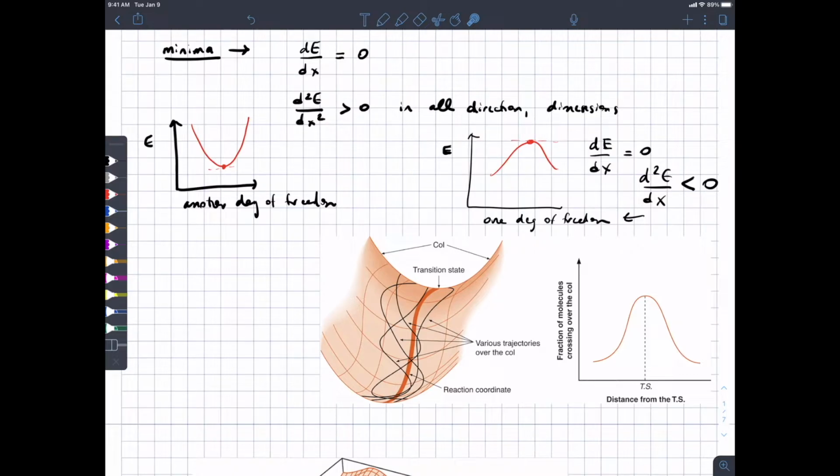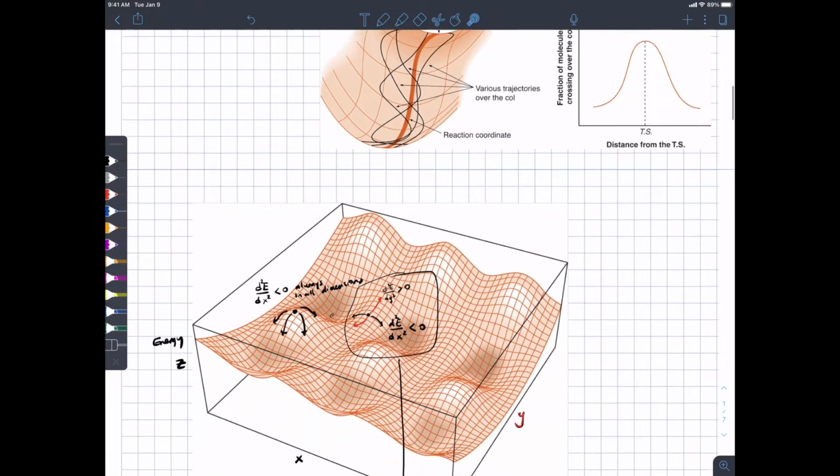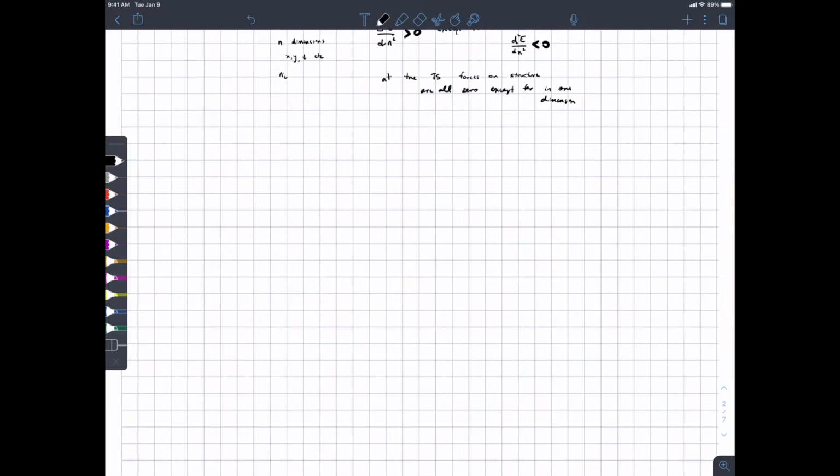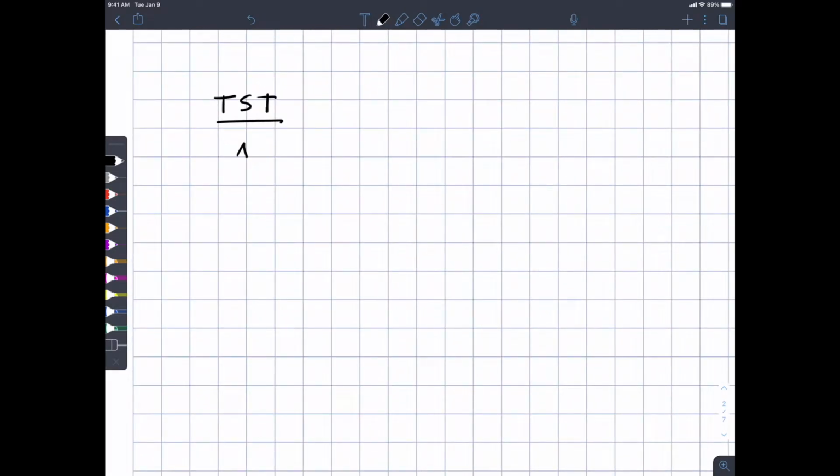Let's now review some of how we talk about kinetics, and we'll talk about transition state theory. This is what Eyring is responsible for. So let's have the reaction A plus B goes to C. Let's define a few terms.